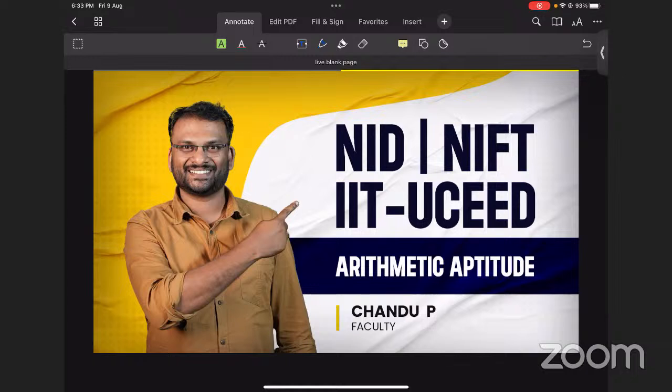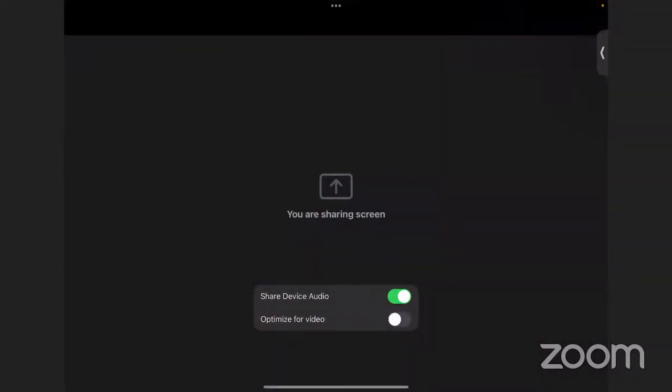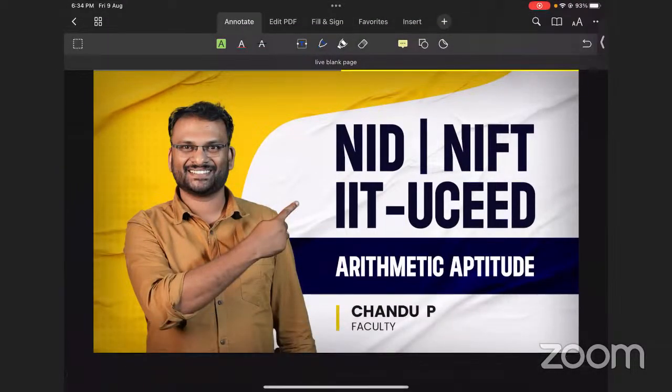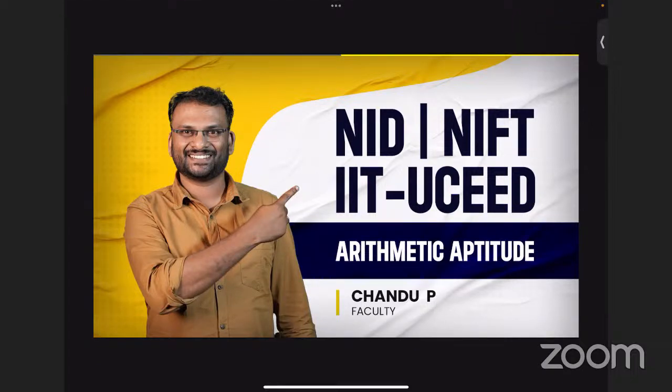For NID, last year there was a small change in the trend, but I think from this year onwards they may be asking percentage also. Every year we can expect such changes; they will go to another format and come back to another. But for NIFT and UCEED, percentage is a compulsory or scoring area.